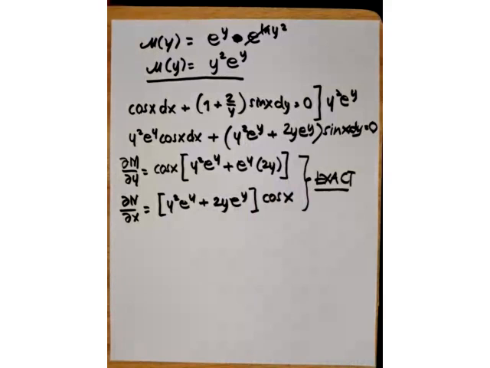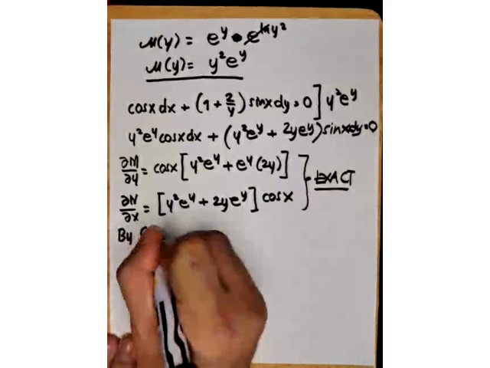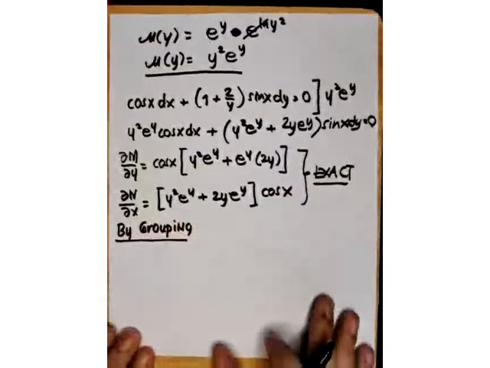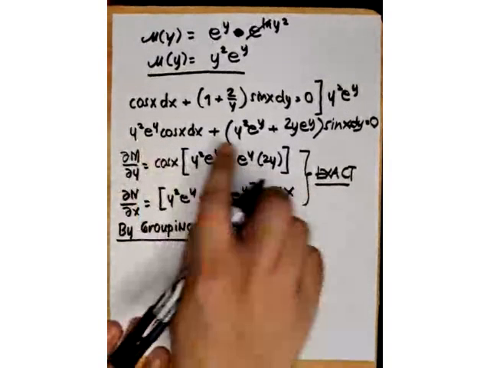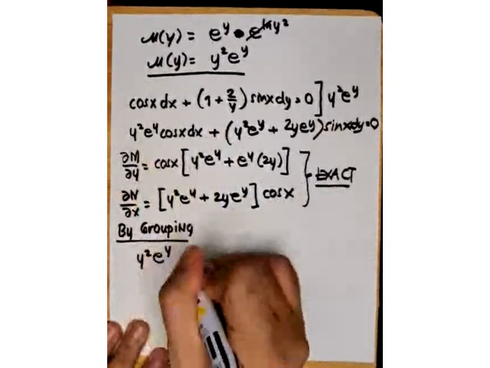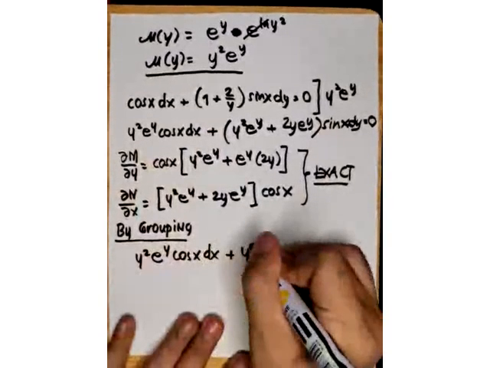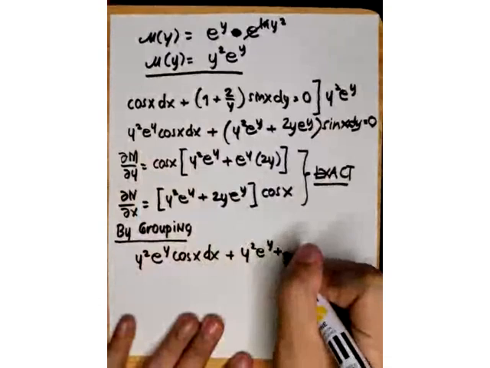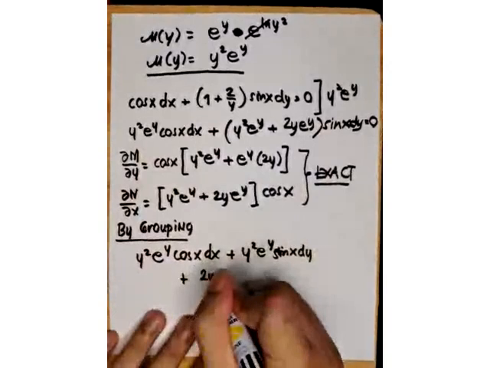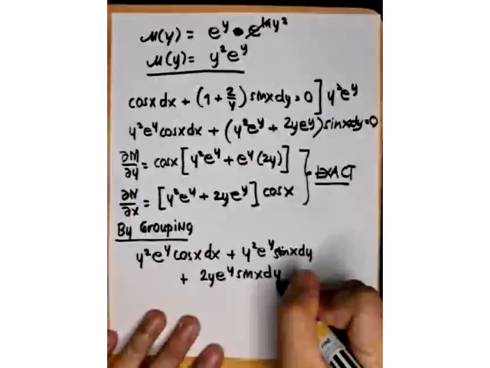Sige. So, simulan naman natin sa by grouping. Medyo mahaba-haba itong integration. So, i-distribute muna natin. Therefore, this is y squared e raised to y cosine x dx plus y squared e raised to y sine x dy plus 2y e raised to y sine x dy is equal to 0.